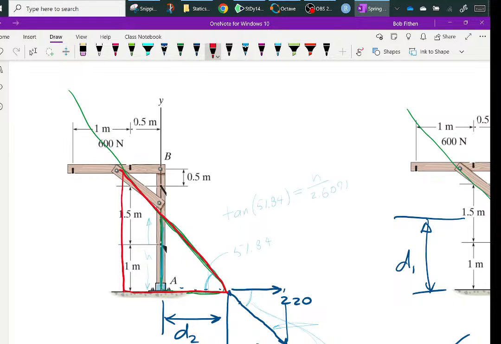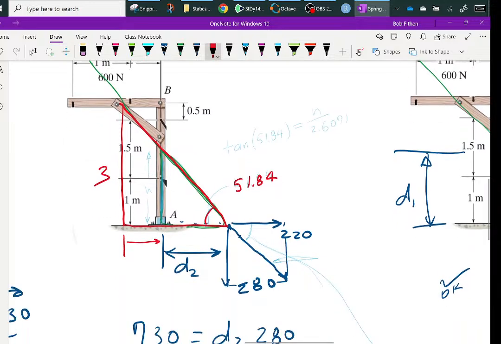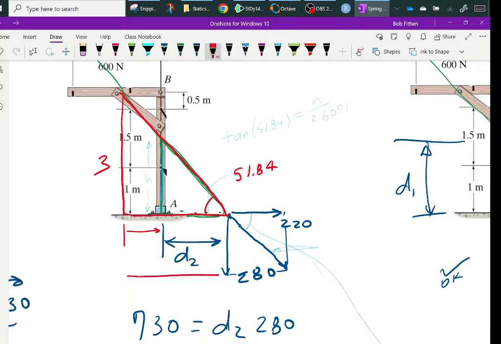This time I know that's 3, and I still know this is 51.84. Actually, I want to know this distance, but the tangent is going to find that distance.